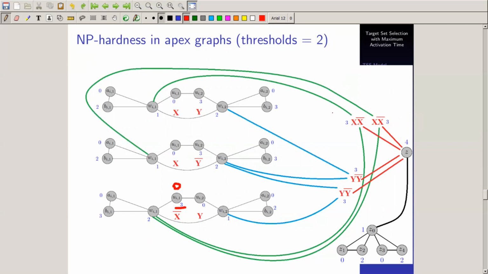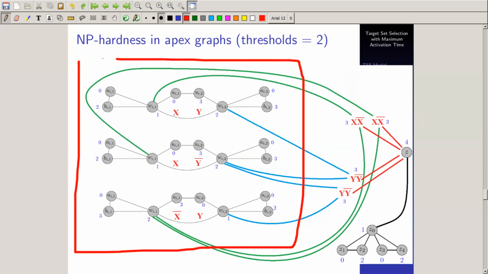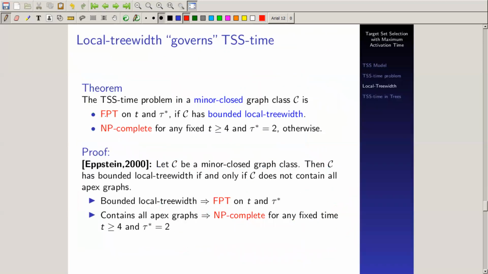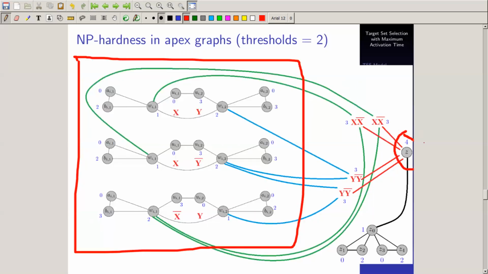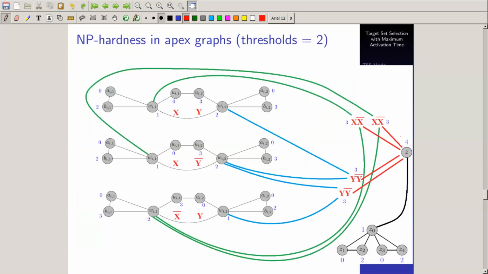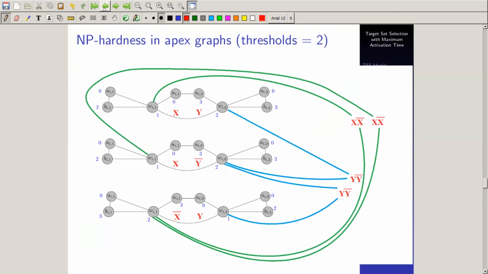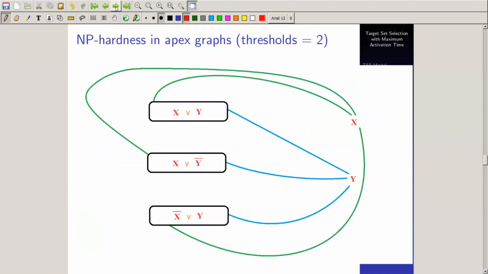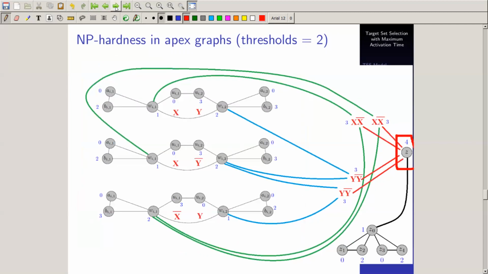So if the formula is satisfiable, we prove that z is activated at time 4. Otherwise, z is activated at time 3. And we prove that it is NP-complete and APX-hard. Why APX-hard? Because removing the vertex z, the graph is planar, as we can see from this.